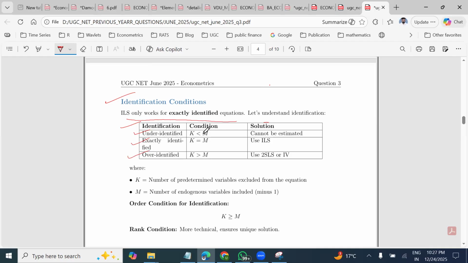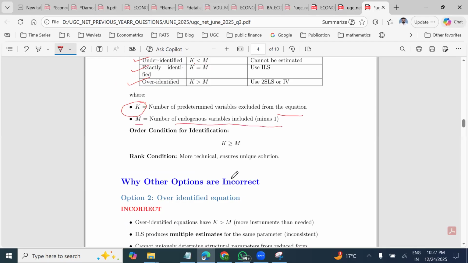So the condition is k is less than m. What do you mean by k? K is the number of predetermined variables excluded from the equation, and m is the number of endogenous variables included minus 1. Now the question is why it is minus 1.